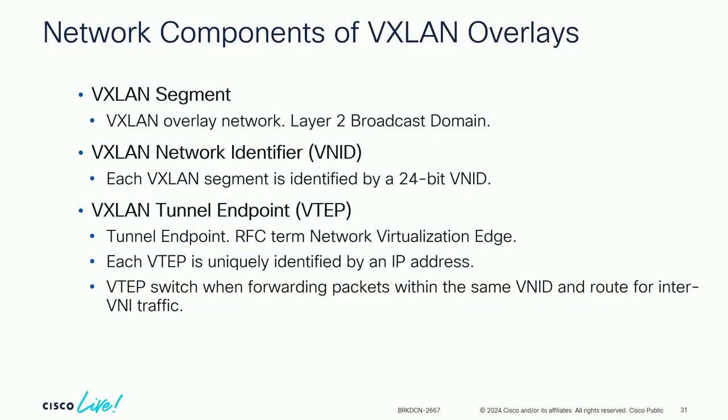Now, at a vocabulary level, some things that you need to understand around VXLAN would include the basics here. So a VXLAN segment, you can really analogize to an L2 broadcast domain. Think of it as a VLAN. At a corresponding level, we have something known as the VXLAN network identifier, and we have to map that to its counterpart on the Ethernet side.